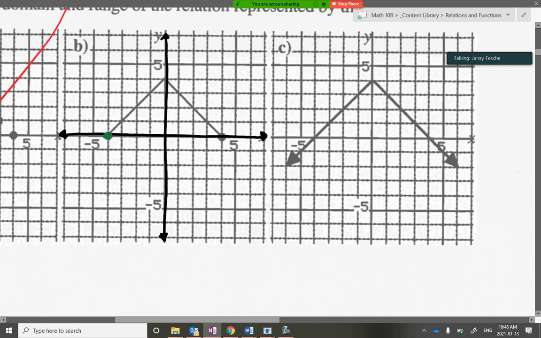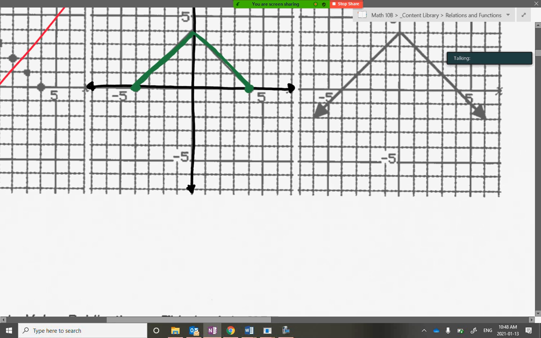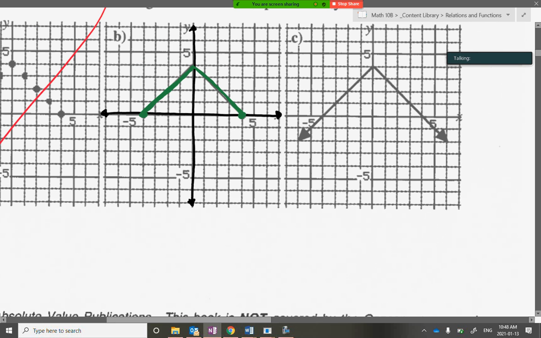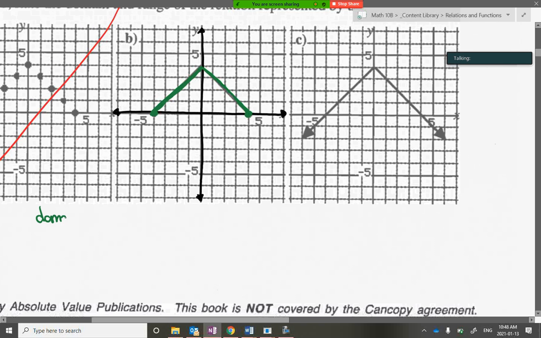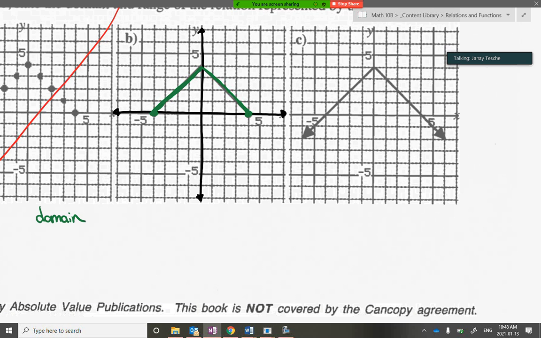and my graph. Can someone describe, like in words, what are your possible x values here? But it's a connected line, so it's every single point in there.